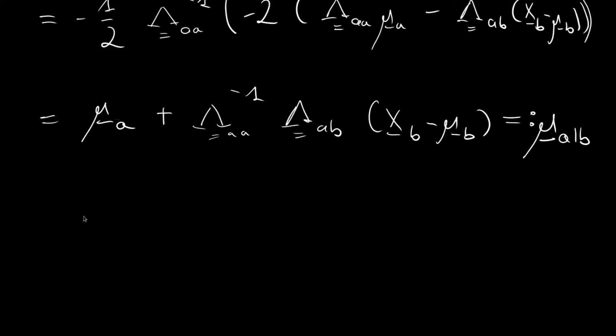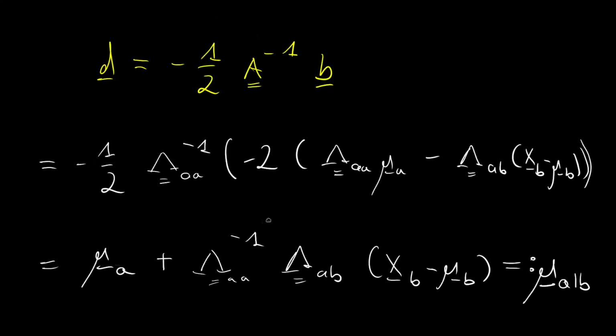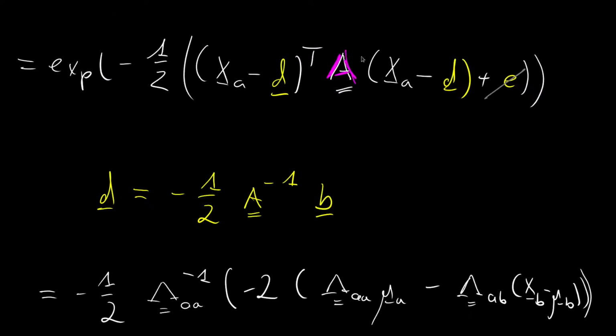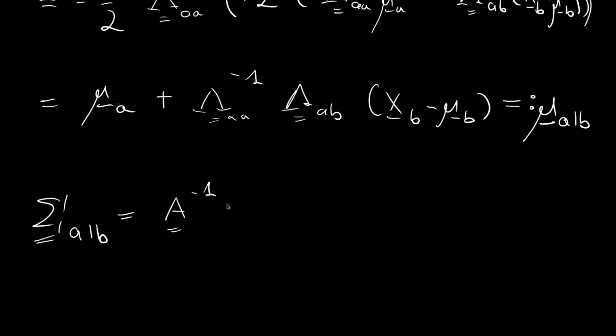So we have that the sigma A given B will be lambda AA inverse, since we know that here is unwrittenly sigma inverse basically. So we have to invert it once again. And then we get that this will be lambda AA inverse.